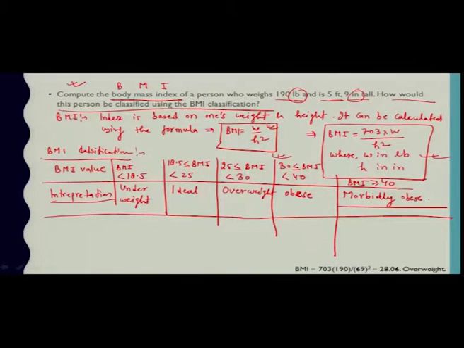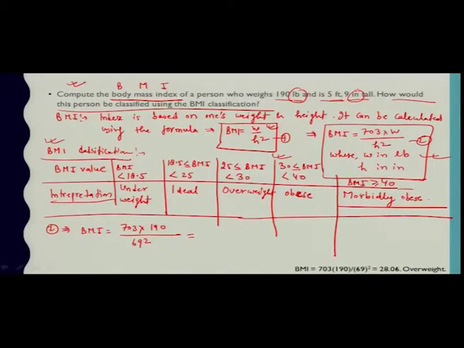Now coming back to our question, what is being asked is how would this person be classified using BMI classification. So here is the classification. Using the formula, since it is given in pounds and inches, we will use equation 2. So BMI equals 703 into W, which is 190, upon 69 square.